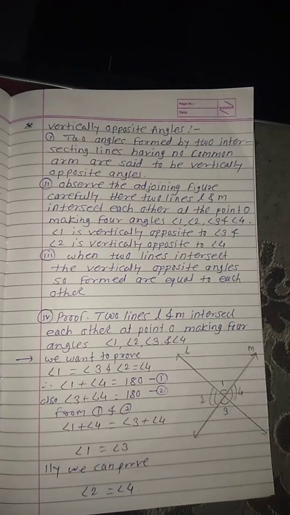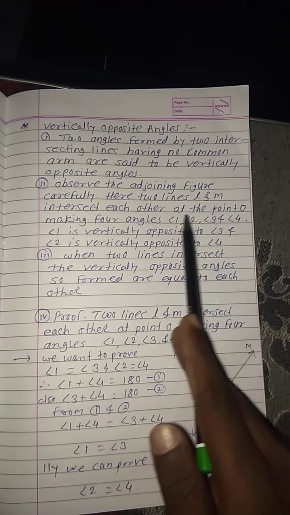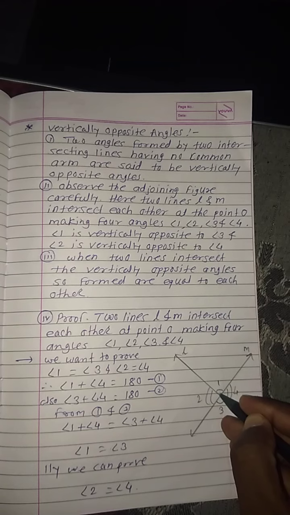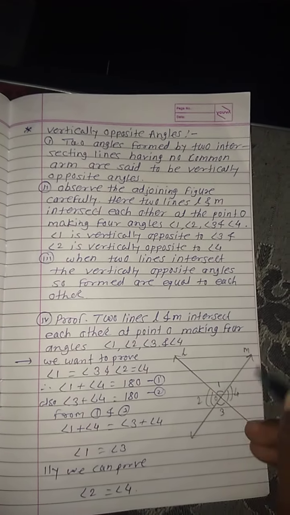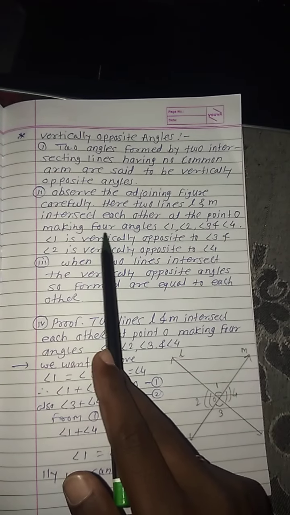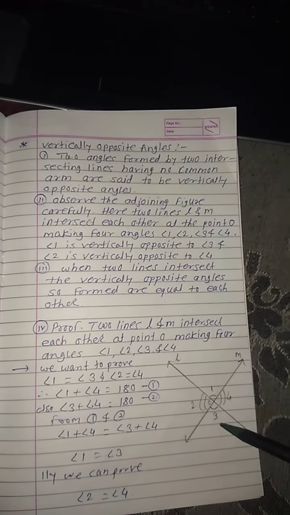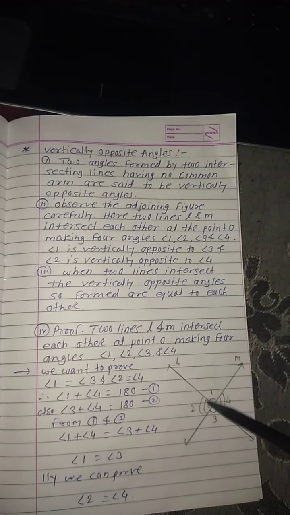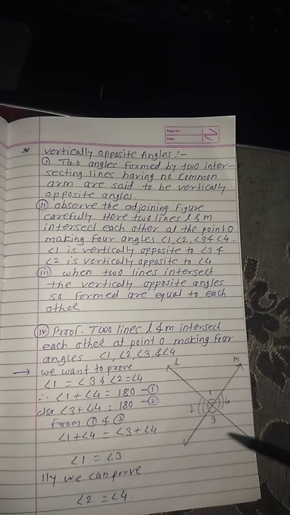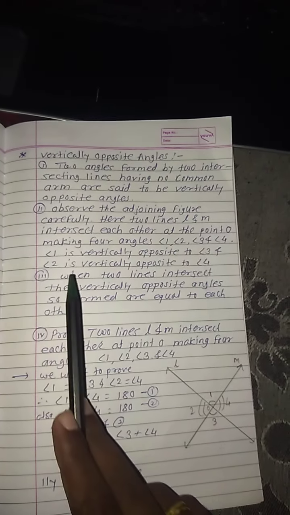Observe the figure carefully. Here two lines L and M intersect each other at point O. Point O is present in the middle, making four angles: angle 1, angle 2, angle 3 and angle 4. There are four different angles.